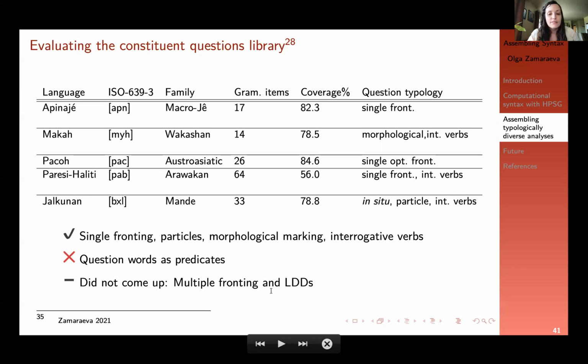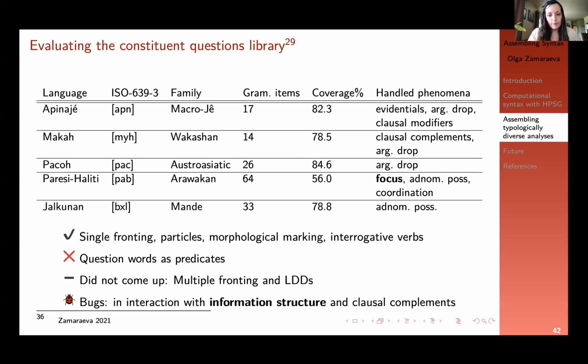And funnily enough, the stuff that I showed to you earlier, the multiple fronting and the long distance dependencies, did not even come up in evaluation, as it happens. Not such a common typological phenomenon. There are some bugs which I identified which have to do with the direction that I want to go in next, of reanalyzing some of this in terms of information structure.